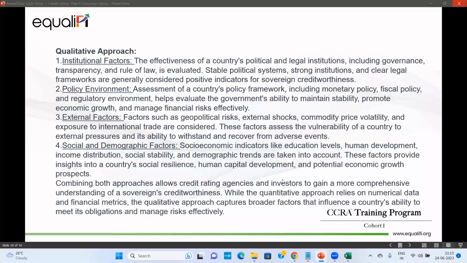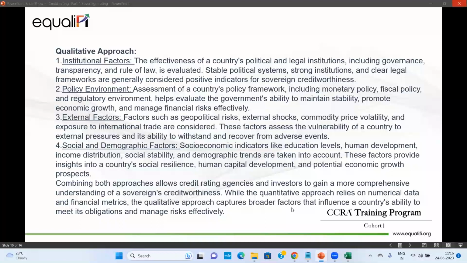So naturally, when you give a sovereign rating to those countries, that is why we call them developing nations, because they are not yet developed, right? Combining both approaches allows credit rating agencies and investors to gain a more comprehensive understanding of the sovereign's creditworthiness.